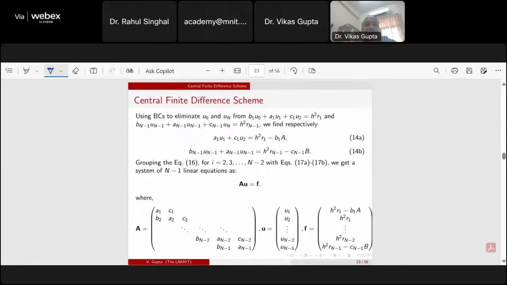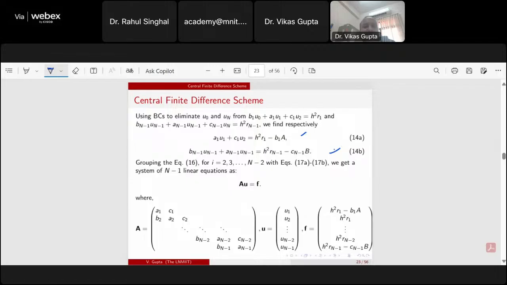We find a1 u1 plus c1 u2 is equal to h square r1 minus b1 u0, but u0 is equal to a, so you can get this equation. And bn minus 1 un minus 2 plus an minus 1 un minus 1 is equal to h square rn minus 1 minus cn minus 1 un, where un is equal to b, so you can get this equation corresponding to i equal to n minus 1.